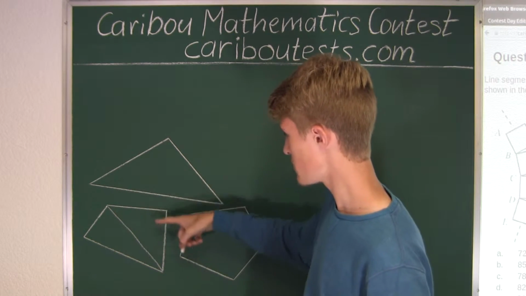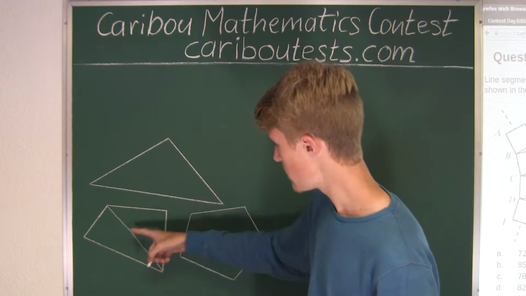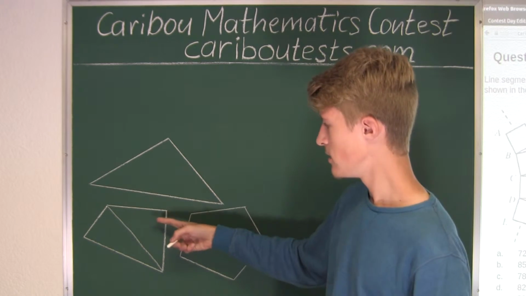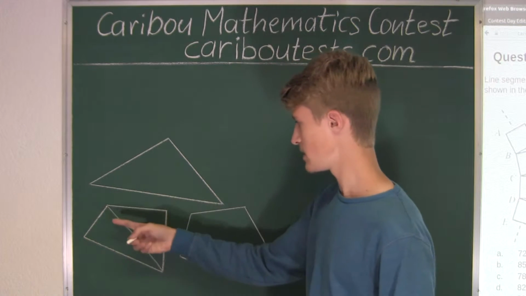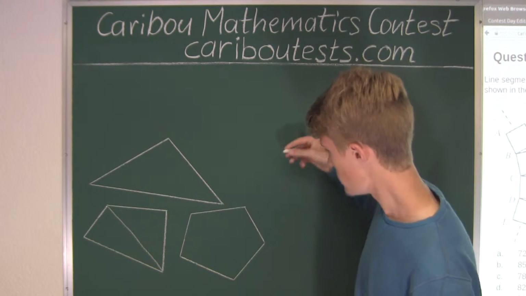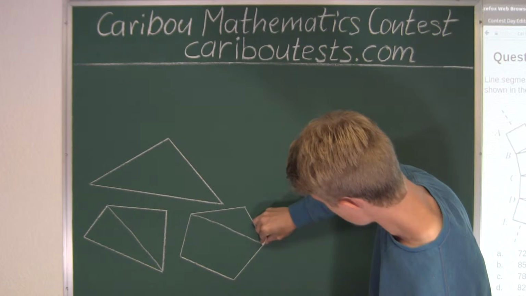One triangle has a sum of 180 degrees for the interior angles, but now we have two of those, so 2 times 180 gives us 360 degrees for the interior angles in this quadrilateral.